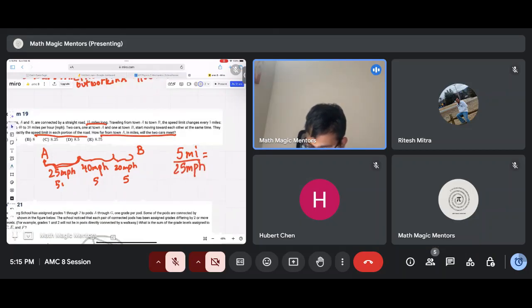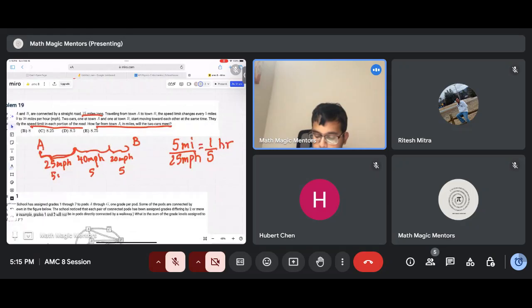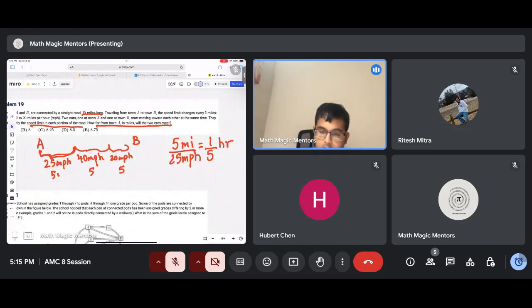So that'll give us one fifth of an hour, right? That makes sense to you guys? Why that's 1/5 of an hour? Because it's just 5 miles over the, or distance over speed. My bad. Distance over speed equals t, right?